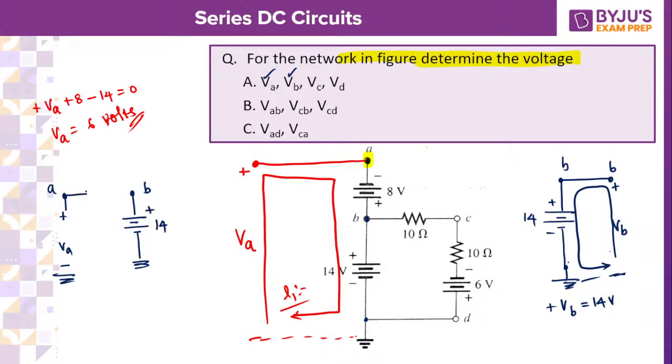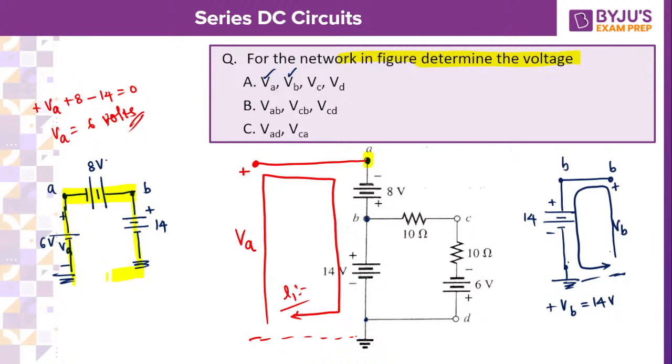And here I have got minus 8 volts. This is VA, I know already, I have got 6. I just wanted to calculate only between A and B. If you do this one, plus 6 plus 8, it will be 14.